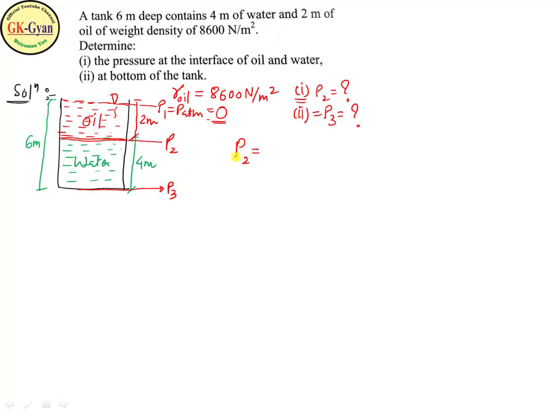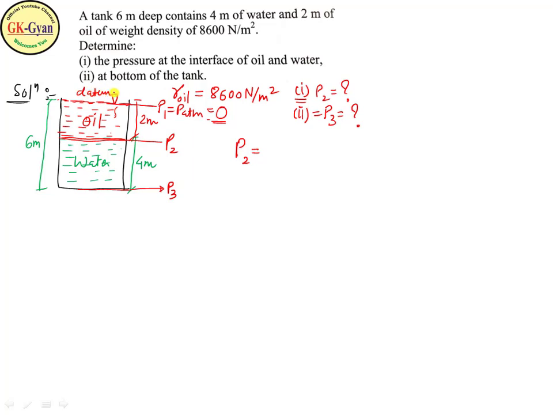So we know P2 is the gauge pressure at the interface of oil and water. First, fix the datum. Any datum. We know this is the reference plane, the datum plane.